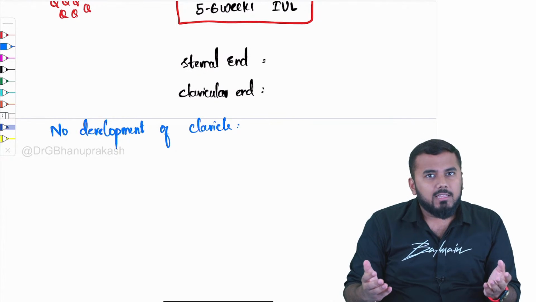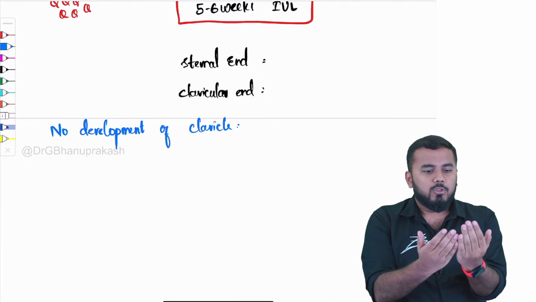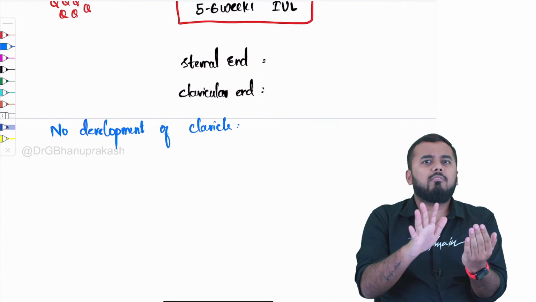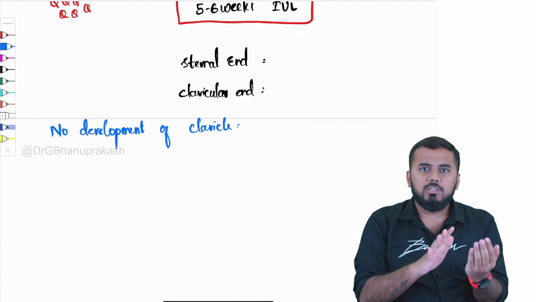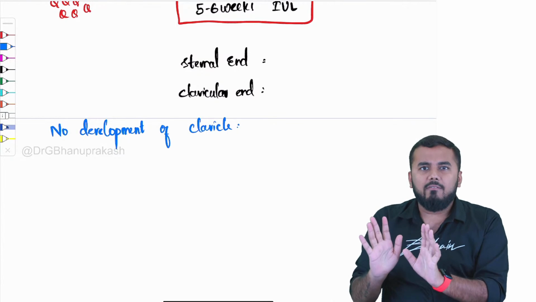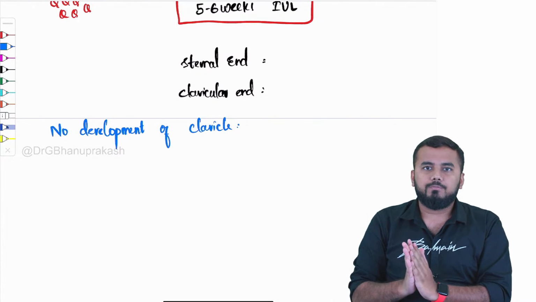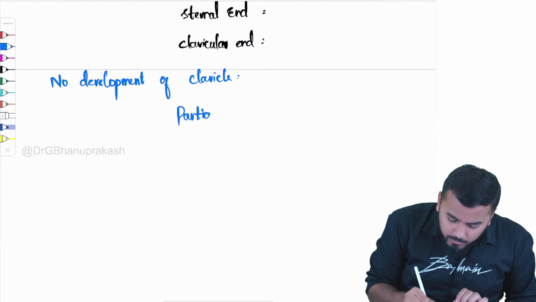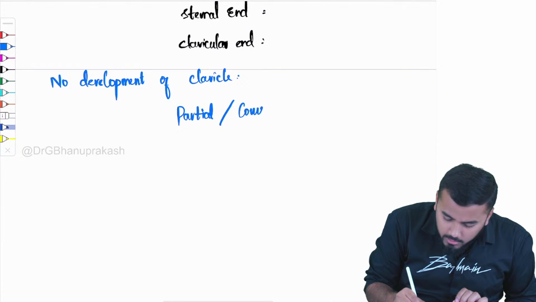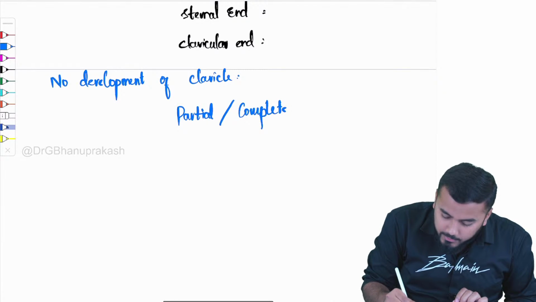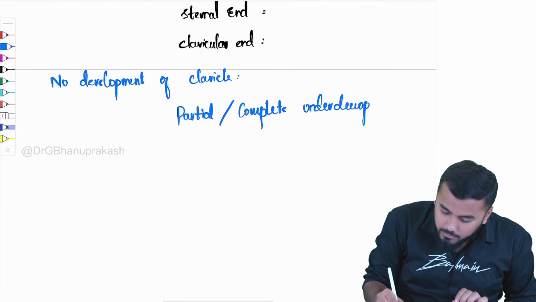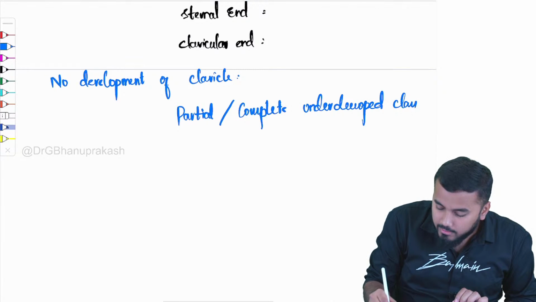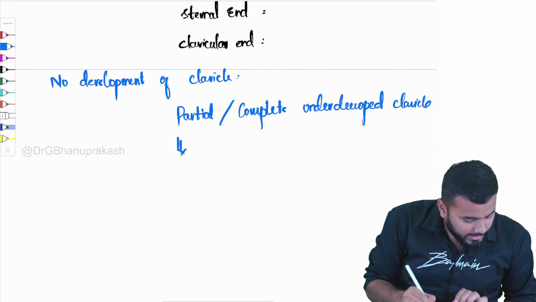If you look at a baby, you will see incomplete development of the clavicle, or at least a little bone of the clavicle is there. So this is a partial or complete underdeveloped clavicle. You know what this condition is called?